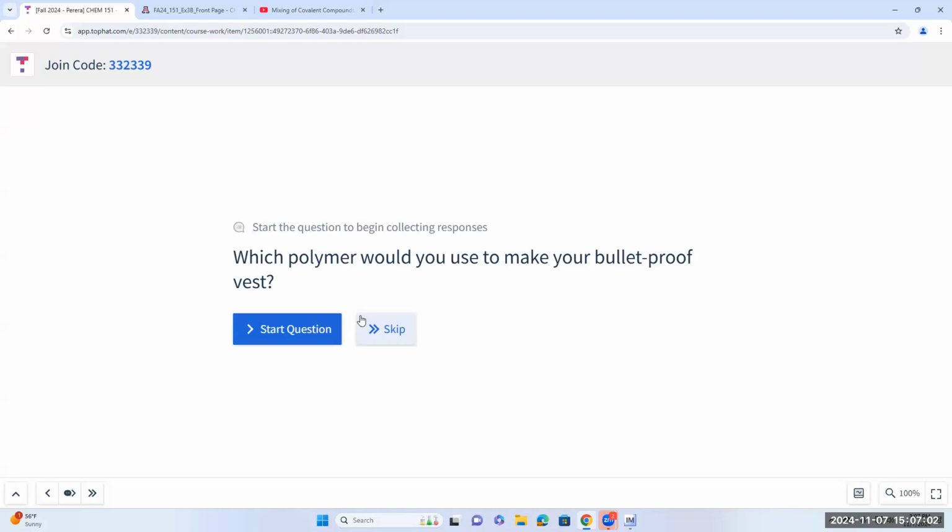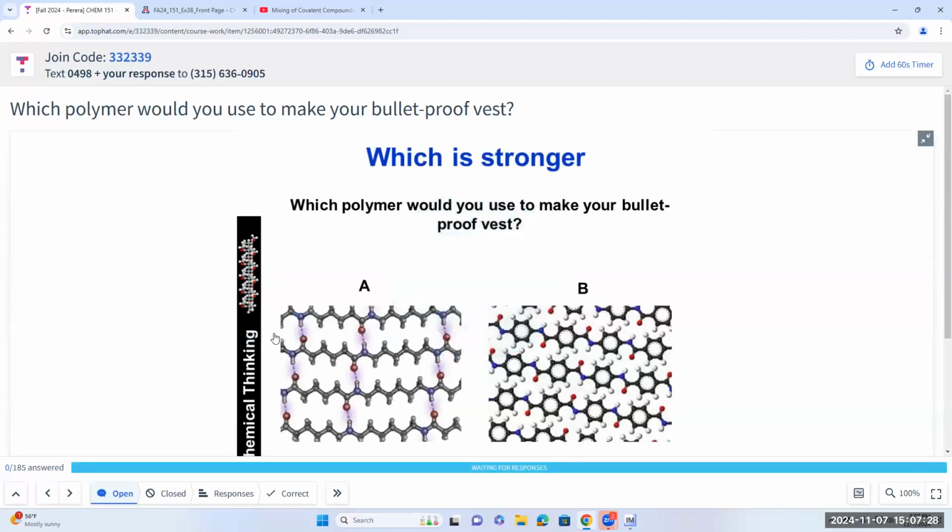You want to have a bulletproof vest. I'm going to give you two options for polymers that you can use to make your bulletproof vest. All right, what would you use? Go ahead. To make your bulletproof vest, what would you use?